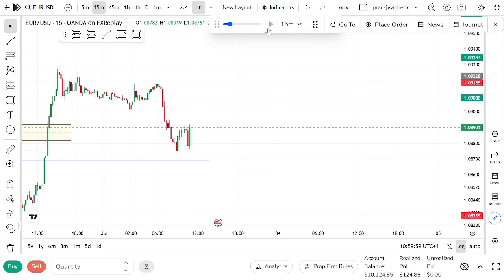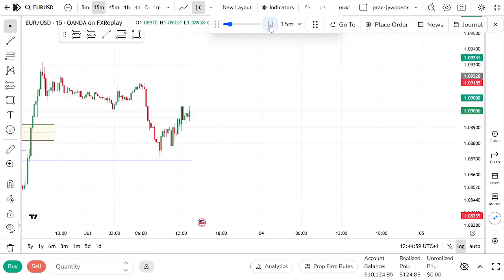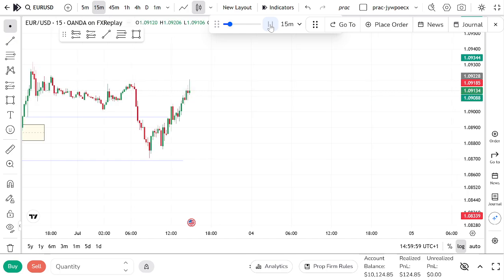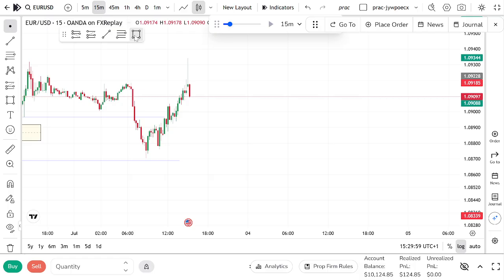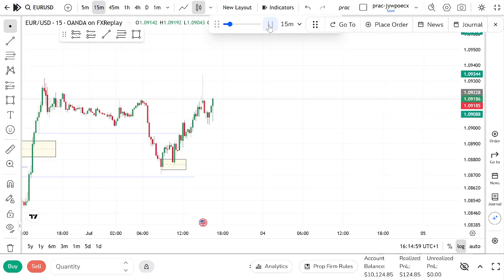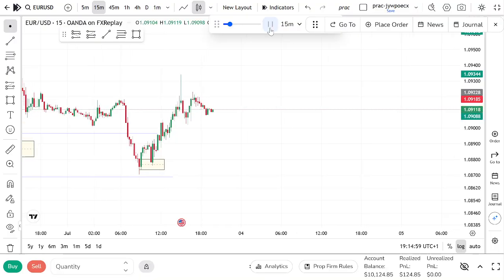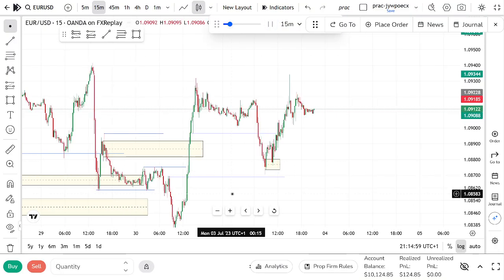This is the latest sweep. We are expecting it to now take liquidity from there. It didn't take liquidity from there, and it's jumping up. Let's see what it's going to do.